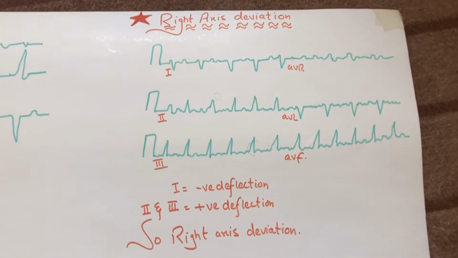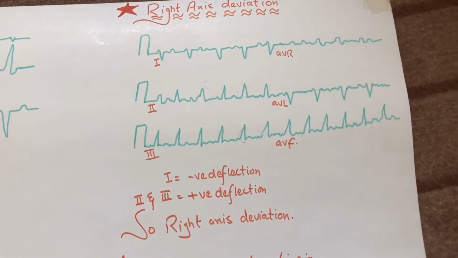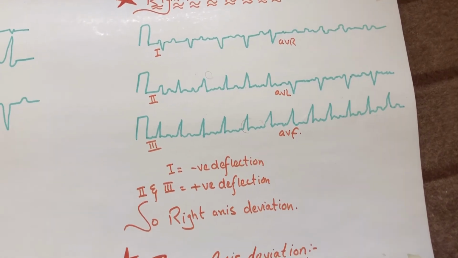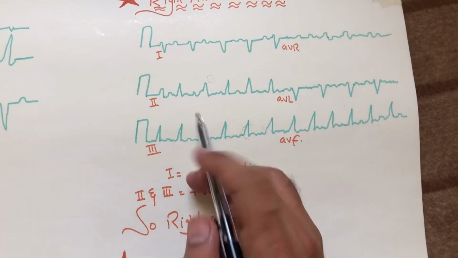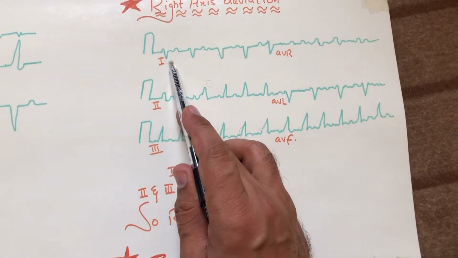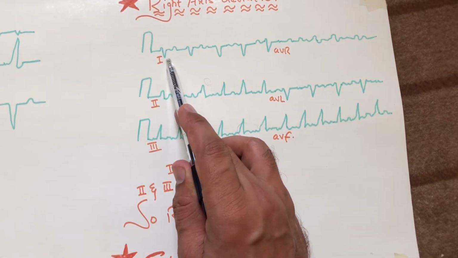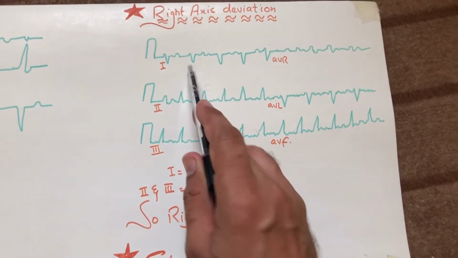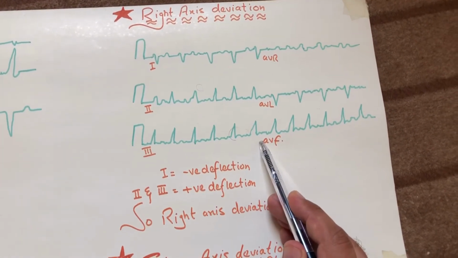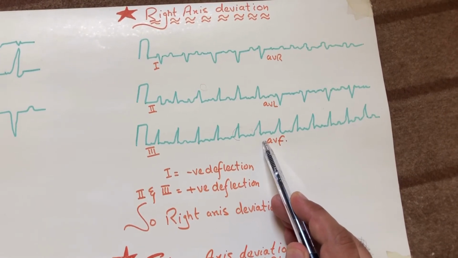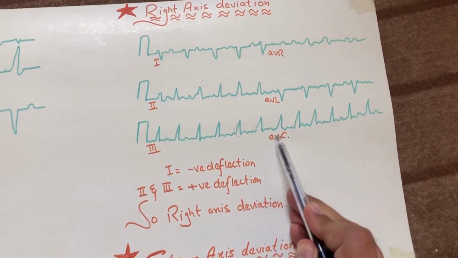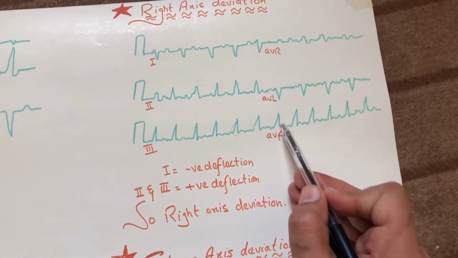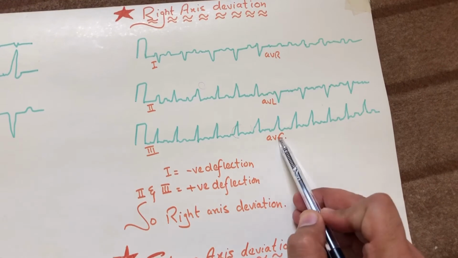Now right axis deviation. When your AVF is upward and lead 1 is downward, it means that the action potential is going away from lead number 1. Lead number 1 shows you the left ventricle, and lead AVF shows you the right ventricle. So it is going more toward the right ventricle and away from the left ventricle. Going toward the right ventricle means right ventricular hypertrophy.